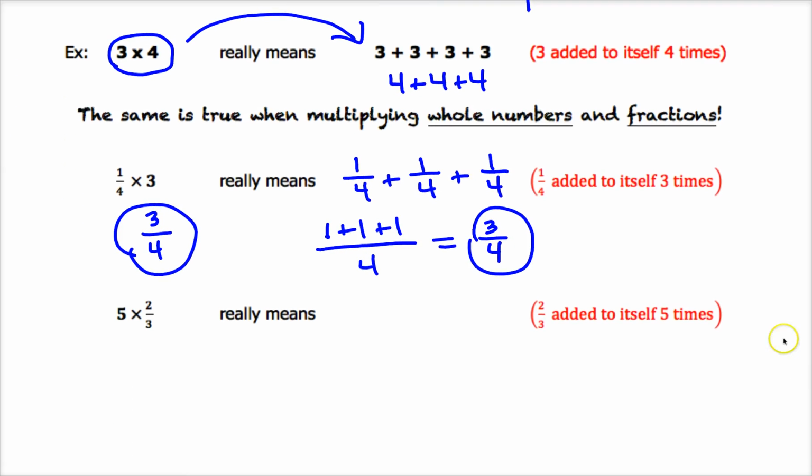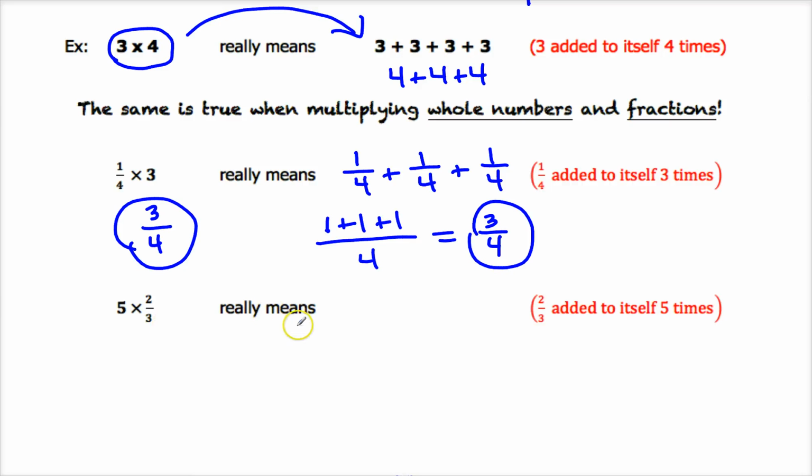The same is true for 5 times 2/3. 5 times 2/3 really just means the fraction 2/3 added to itself 5 times. So 2/3 plus 2/3 plus 2/3 plus 2/3 plus 2/3.